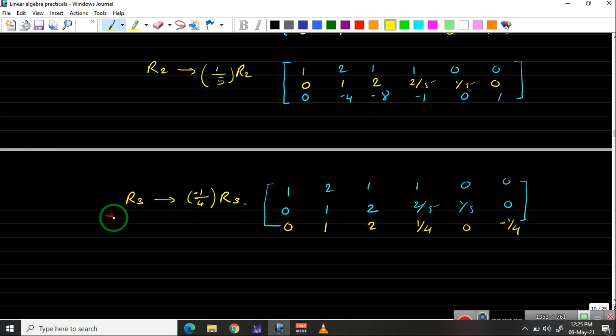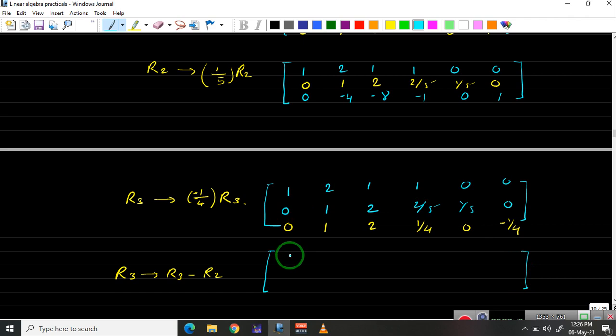And we can operate one more operation, and we can make this entire row 0 0 0 0. The simple operation is we can change R3 to R3 minus R2. And under this operation, we can make the entire entries in that row as 0.